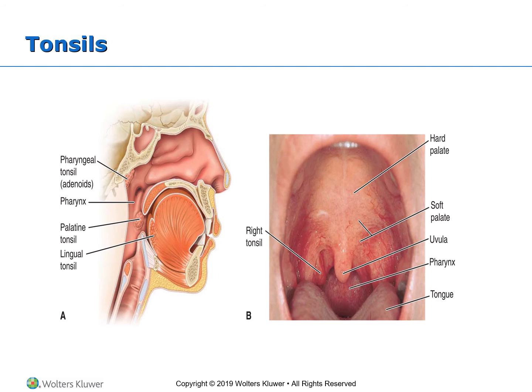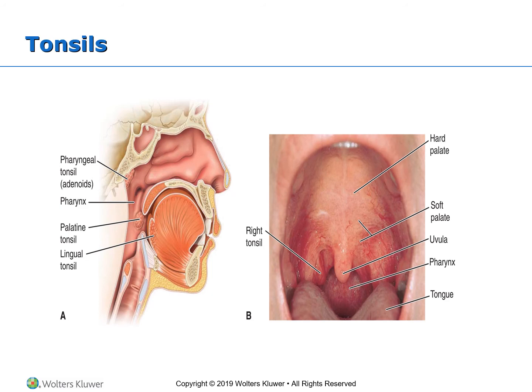Let's see how many we have. So look first of all at image A. You see that behind the soft palate, on the pharynx, we have the palatine tonsils, and those are oval bodies. Usually those are the tonsils that everyone knows we have, and they can become inflamed.